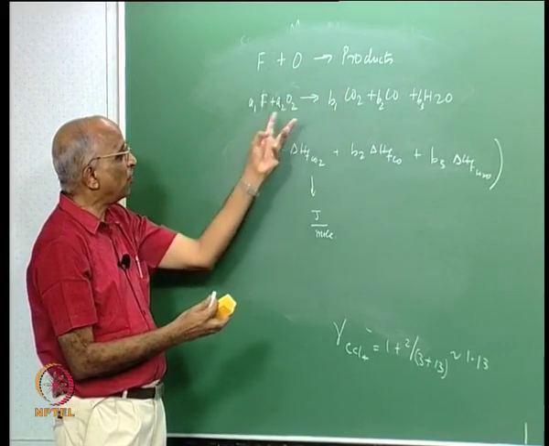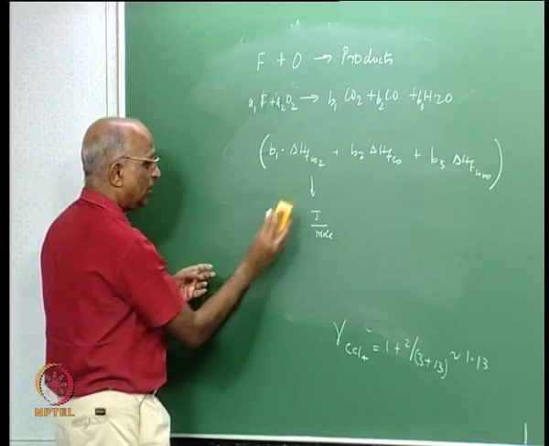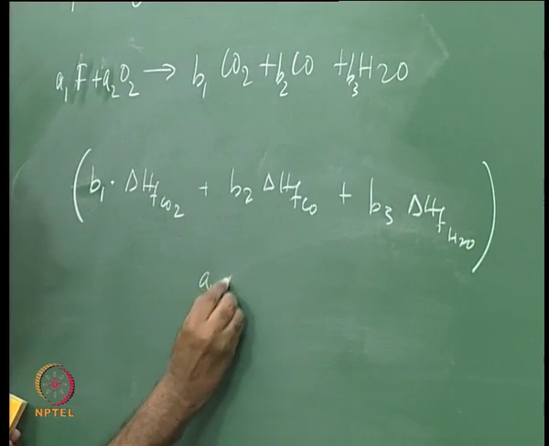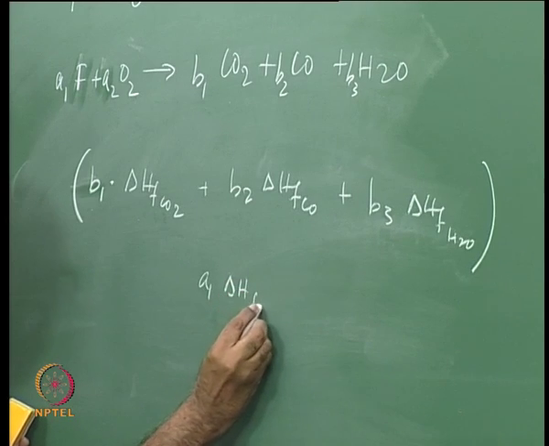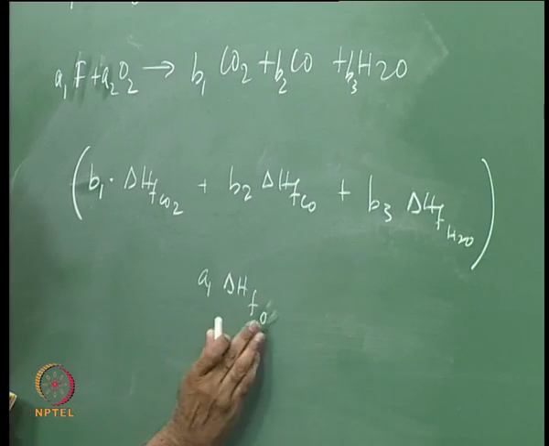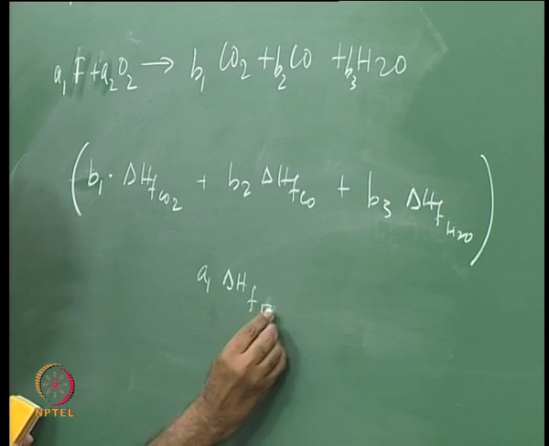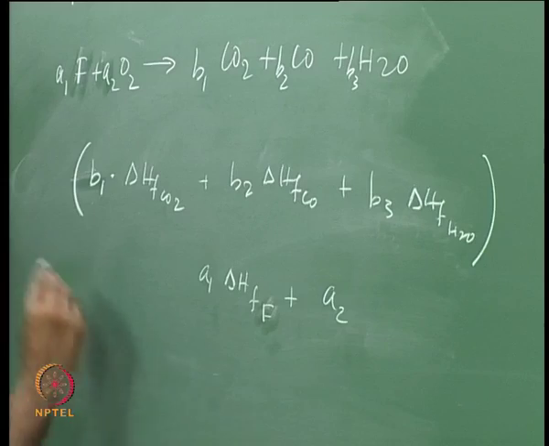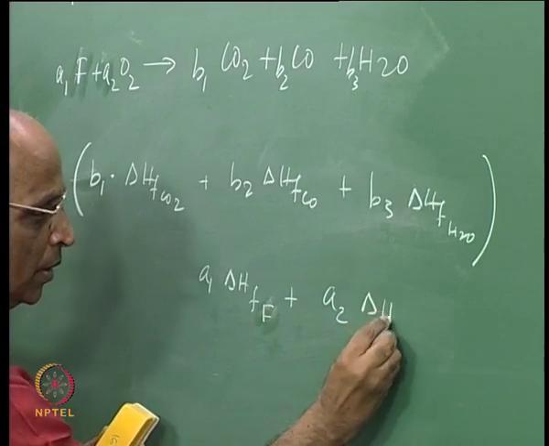What is the heat of formation of the reactants? It is equal to A1 times the heat required to form the fuel F, plus A2 moles of oxygen times its heat of formation.